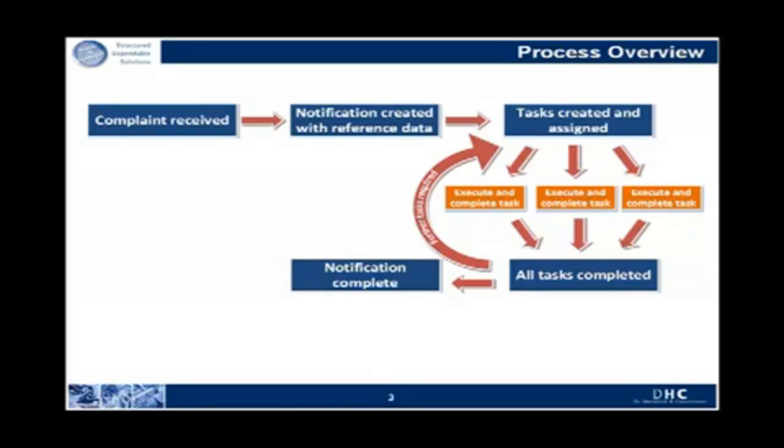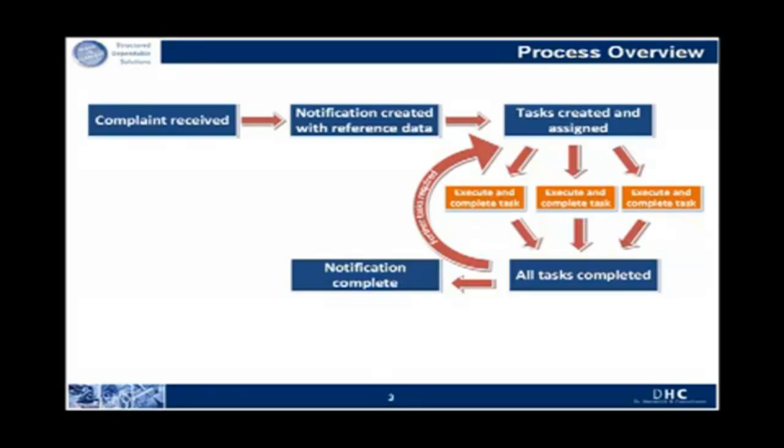Now, one of the first things after populating this header data is that you will want to enter a description of the notification, some overview information, and then you'll want to create a series of tasks. Each of these tasks can then be executed and completed as appropriate, and once all tasks are completed, the notification can be closed.